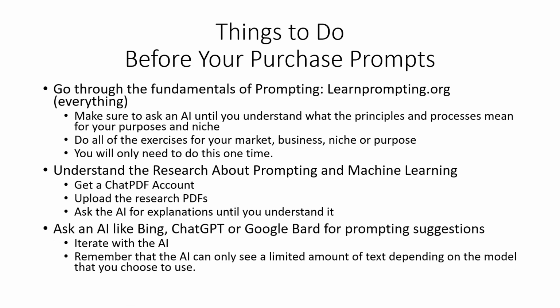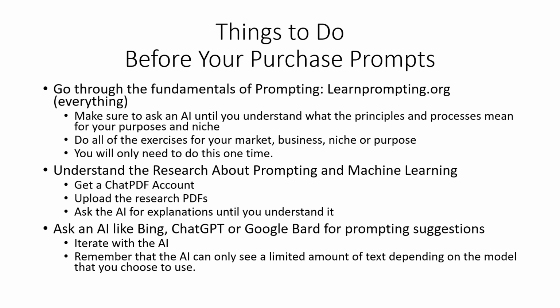What we can do is ask an AI like Bing, ChatGPT, or Google Bard for prompting suggestions. This is very important. Again, we should be doing this before you go buying a prompt. And it's so simple. And many of us do this for different reasons. But if you don't understand how to prompt, and let's say you go through this entire live session tonight and you're no closer to understanding prompting than you were before you started, here's one thing you can do.